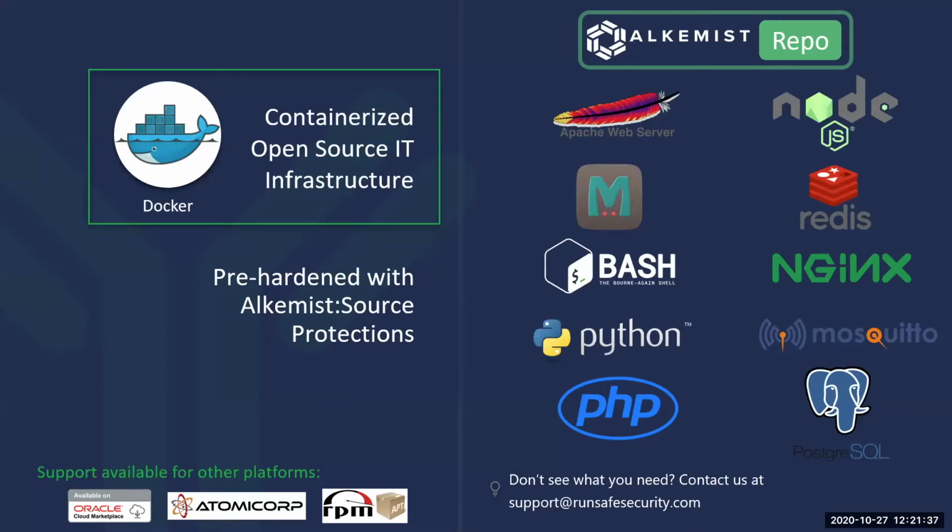While this turnkey integration is most mature for DevSecOps Docker environments, we are rapidly expanding these offerings to other platforms, as you can see here. Software components from web infrastructure such as Apache Web Server or Node.js, to databases such as Redis or Postgres, to development tools such as Python or Bash are all susceptible to attack.